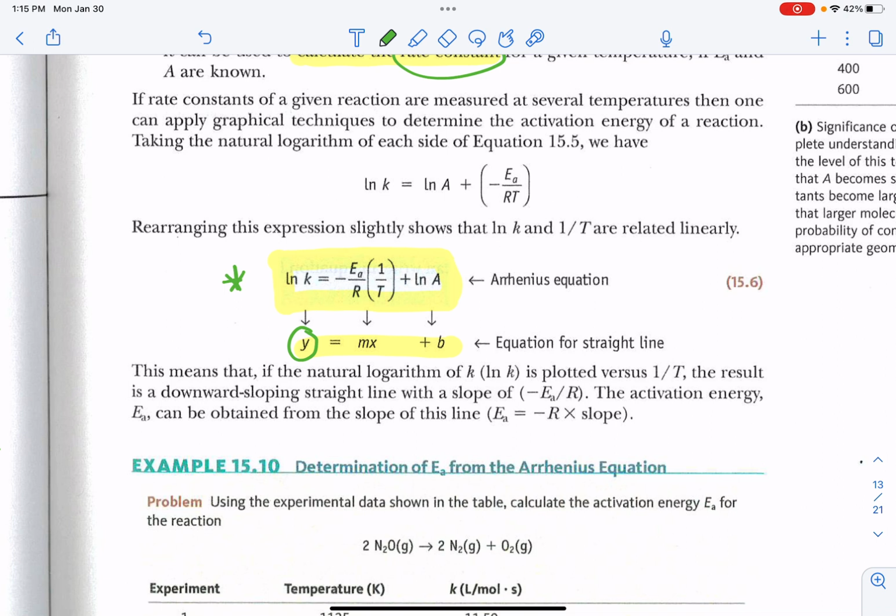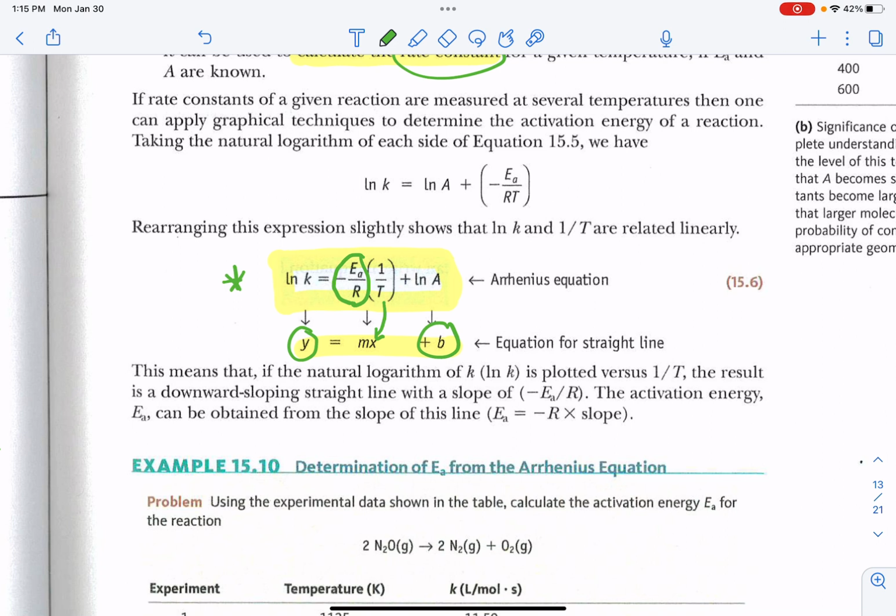And if I wanted to find the frequency factor, that's where it crosses the y-axis, the y-intercept. My x is the reciprocal of the temperature in Kelvin. And then my slope of this line, a straight line, would be the activation energy divided by R.